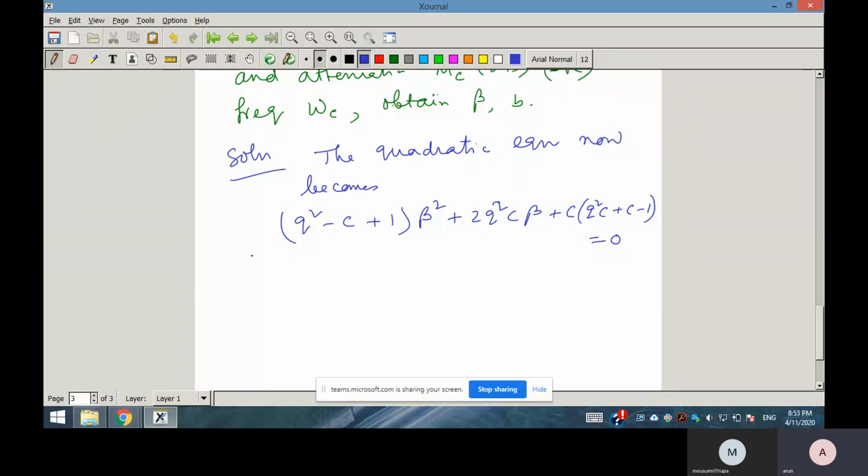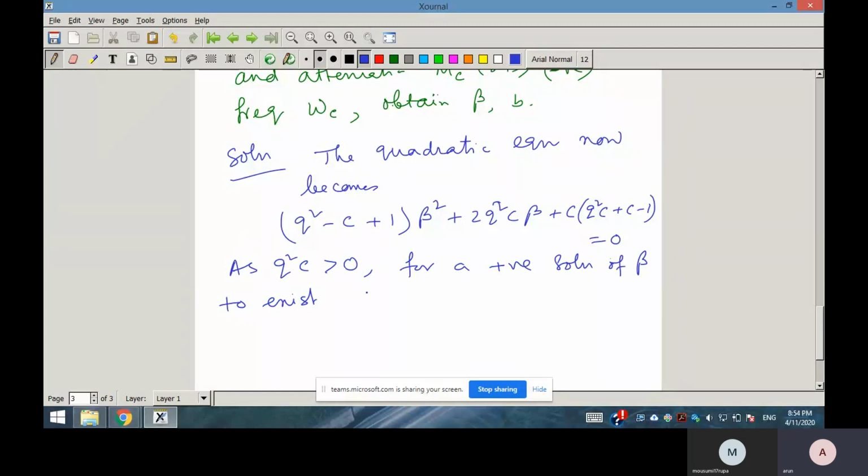Similar to the lead controller, as here Q square C is greater than 0, for a positive solution of beta to exist, what is the condition?